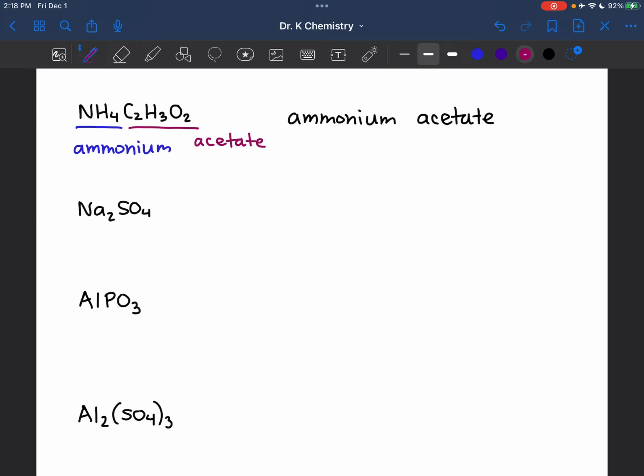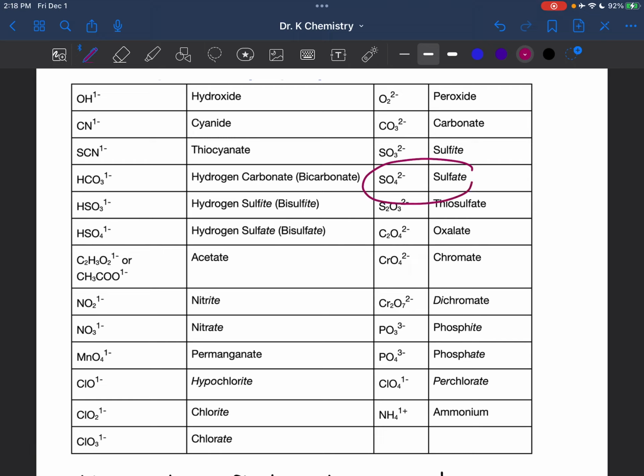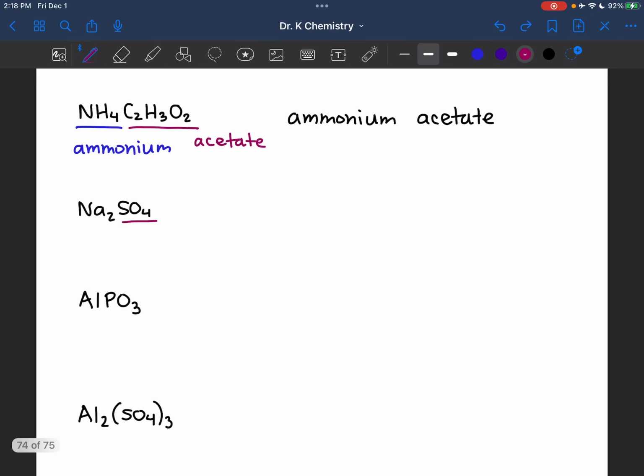The second one, I see the anion is SO4. If you don't have that one memorized, it is sulfate. And notice that sulfate has a -2 charge. And that's where that subscript comes over here. So if you took SO4 -2 and you mixed it with sodium, well, we know that sodium has a +1 charge that comes from the periodic table.